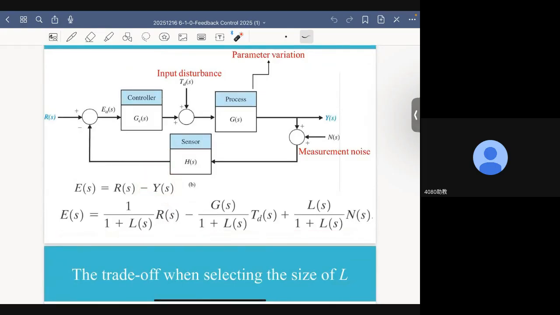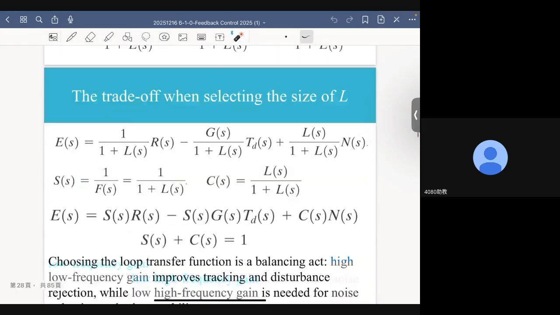So the reason why we have output error is because of this, also because of this, also because of this. The nominal input, the input disturbance, the measurement noise, they all have their contributions to the output error.